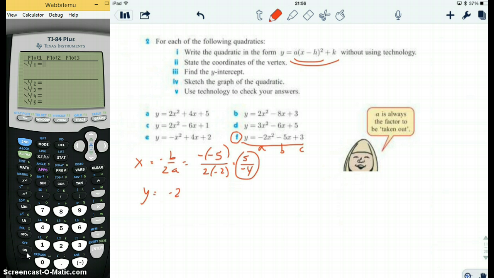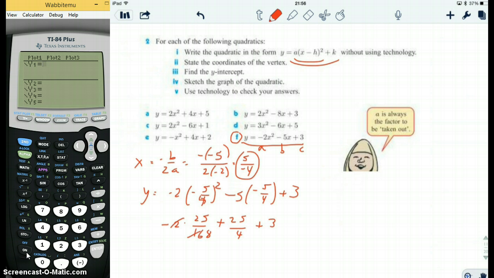What would the y-coordinate be? It would be negative 2 times negative 5 fourths squared, minus 5 times negative 5 fourths, plus 3. So negative 5 fourths squared would be 25 sixteenths times negative 2, that's negative 25 eighths, plus 25 fourths, plus 3.